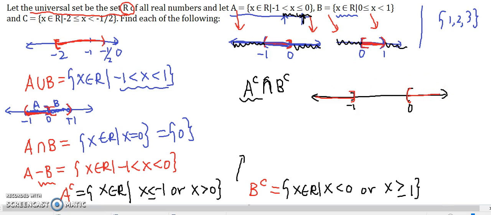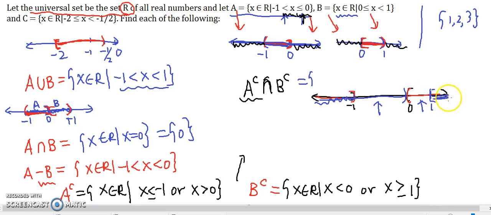Next, I'm going to use blue color to describe the complement of B. It's the numbers less than 0, so it's all of these numbers, and or the numbers greater than or equal to 1. We're doing intersection, which means we have to find the numbers that belong to both colors. By looking at the graph, we can see that these numbers here have two colors, red and blue. But these numbers here only have blue, so they're not in both of them. And these numbers only have red, so they're not in both of them.